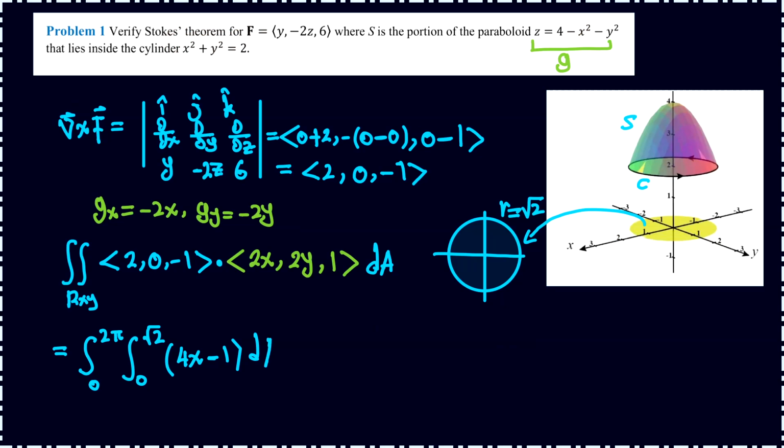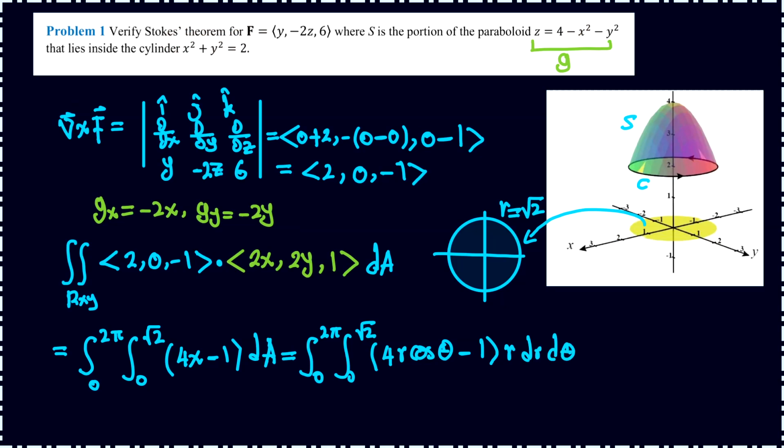We're going to write x in polar form, so 0 to 2 pi, 0 to root 2, that would be a 4r cosine theta minus 1. And since we are doing the integral in the polar system, we're going to have an r dr d theta.